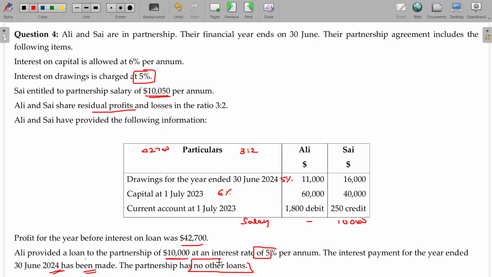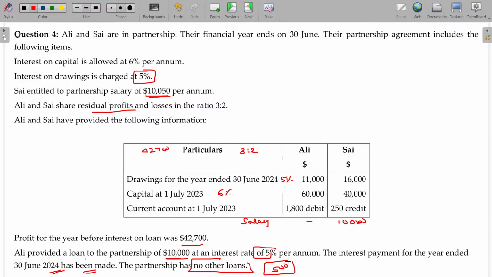So here we have to make the payment for interest on this one, right? 5% of 10,000 is 500 rupees. This 500 rupees is not appropriation. Though Ali provides a loan, being a partner, it will still be considered as a payment made to Ali as a third party.